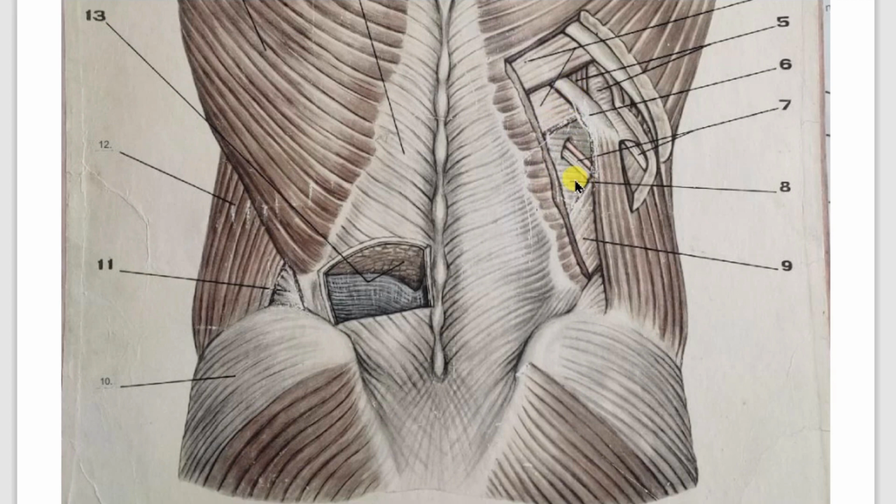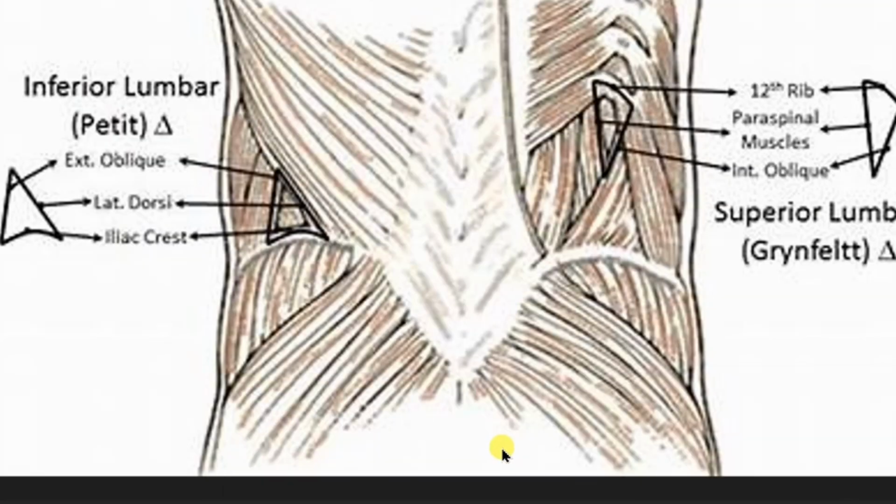Here you can't see because other muscles are covering. When you remove these muscles you can have a look. So in this picture you can see the paraspinal muscles. It looks like the internal oblique, and this is the 12th rib. So this is your superior lumbar triangle, or you can say Grynfeltt's triangle.